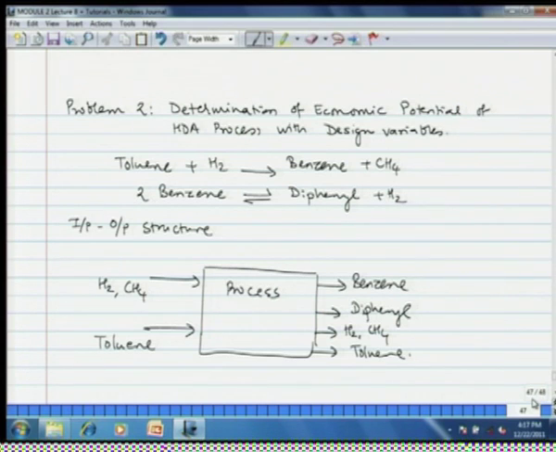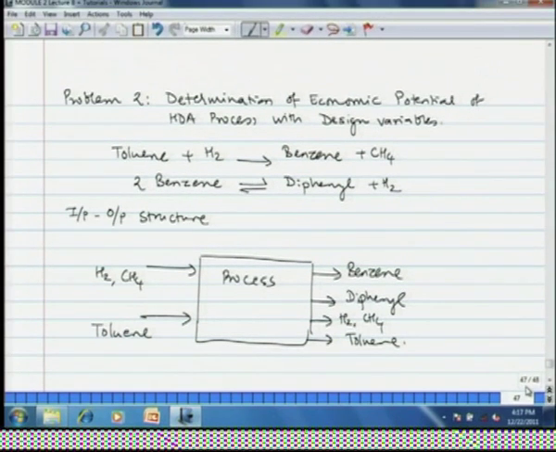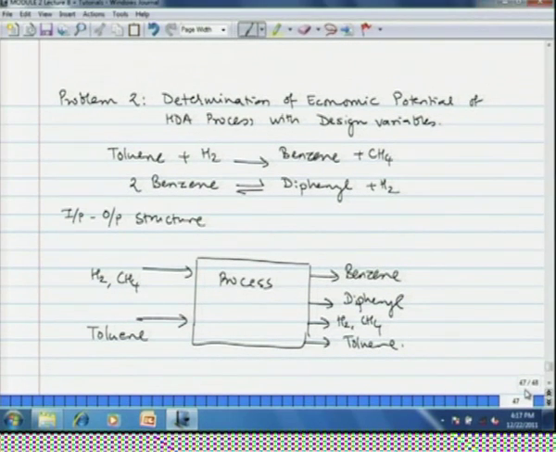Toluene can be assumed to be pure. So, the input output structure of the flow sheet is the process with hydrogen, with impurity of methane, as the gas feed stream, toluene as liquid feed stream, and there are 5 streams coming out: benzene, diphenyl, hydrogen with methane that I have shown together, and toluene.